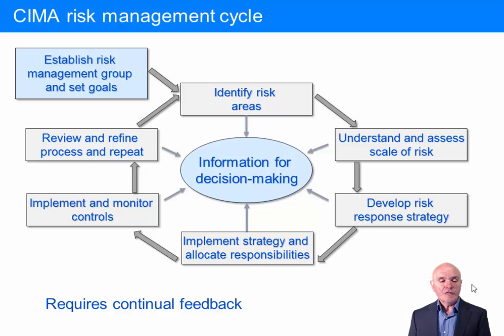And it starts off at the top left here with establishing a risk management group and set goals. Now, ultimately, it is the job of the board to monitor risks and to ensure that the strategic risk and operational risk and so on, and that the risks accurately balance the risk appetite of the shareholders and other stakeholders.